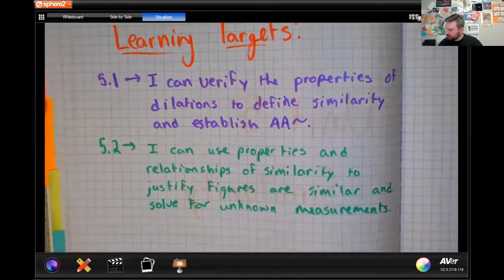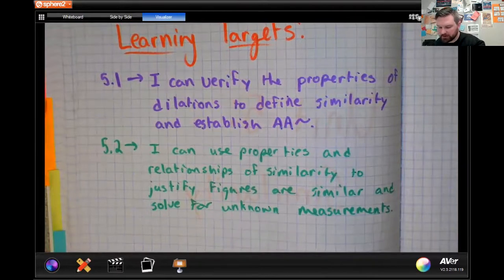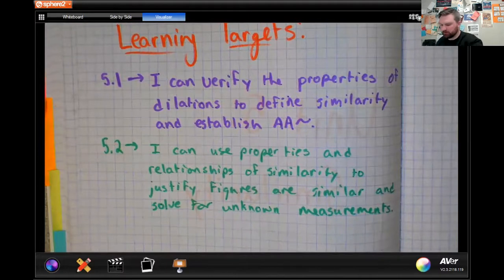Okay, so use properties and relationships of similarity to justify that the figures are similar, and then find some unknown measurements.